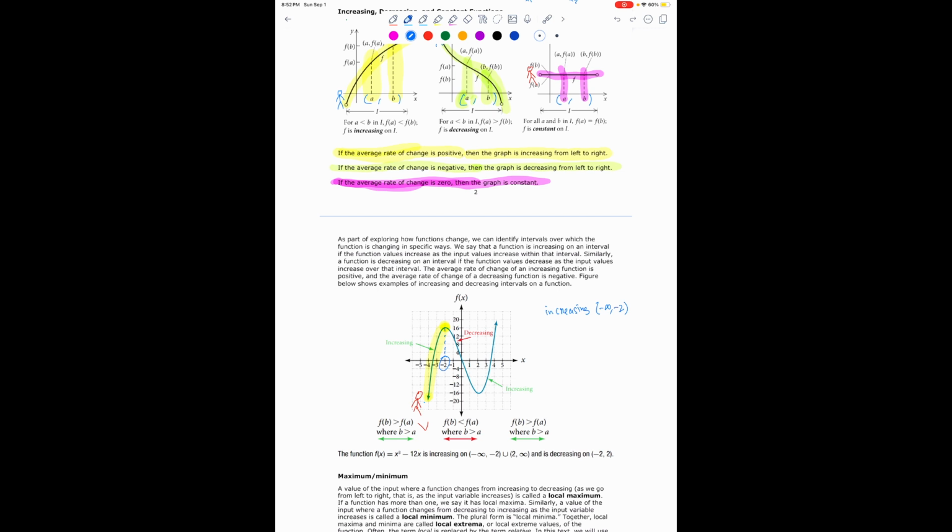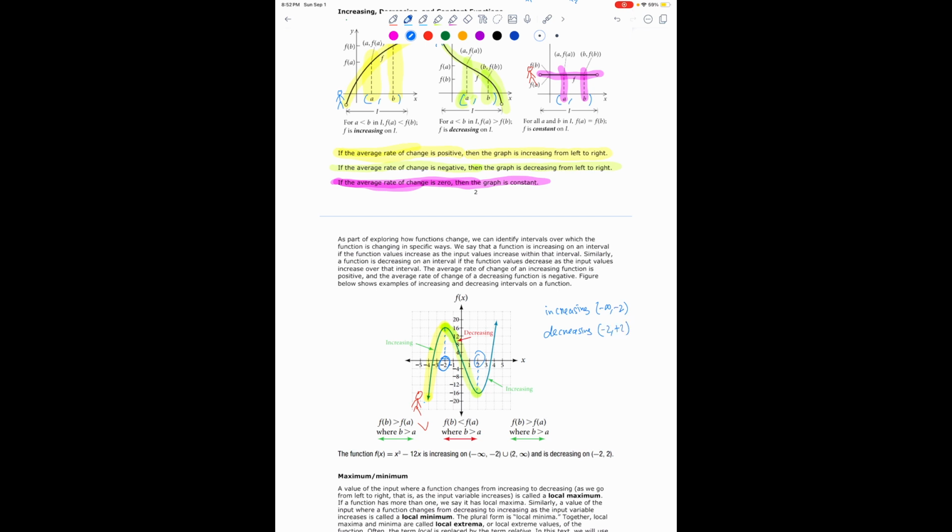And then notice the change here in the behavior where the graph decreases from this point right here all the way to this point. So we can say here the graph is decreasing over the interval from -2 all the way to +2.